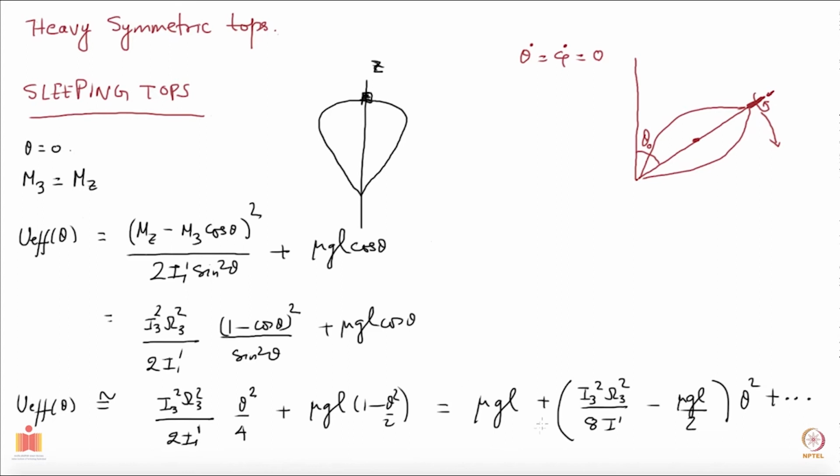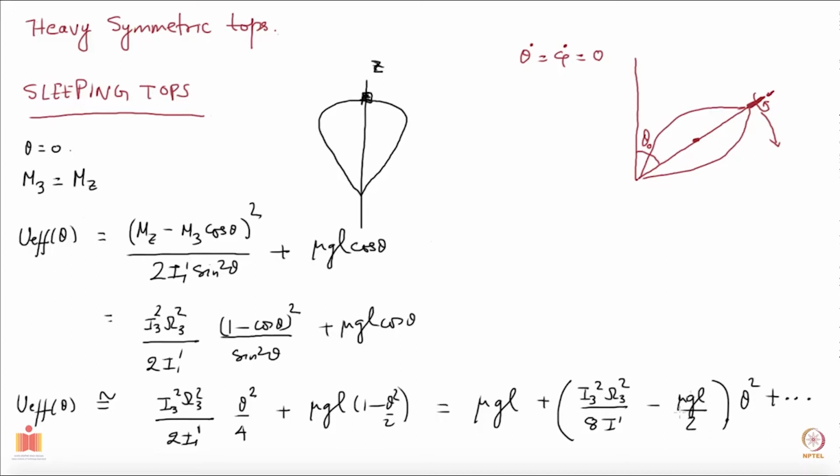Okay, so this is the constant piece. I am not bothered by that. And whether the equilibrium at theta equal to 0 is stable or not is determined by this coefficient, right? So if this is positive, that would mean that the potential energy increases as you increase theta, and then that would imply that equilibrium is stable.